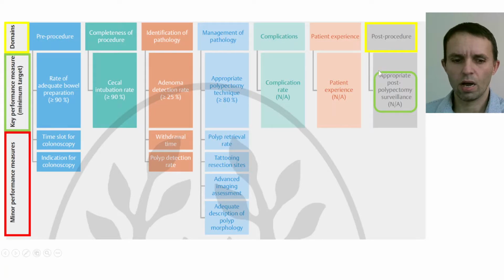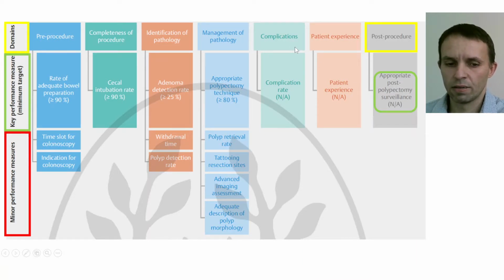So, in our everyday practice, what I do is I get the histopathological report from the pathologist after the polypectomy. Then I perform a distant consultation directly to the patient. It means that after 2 weeks I call him. I ask the patient, is everything okay after the colonoscopy?